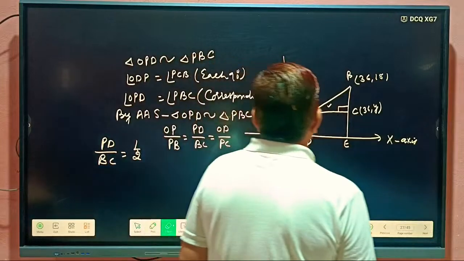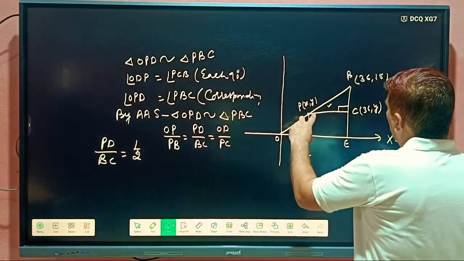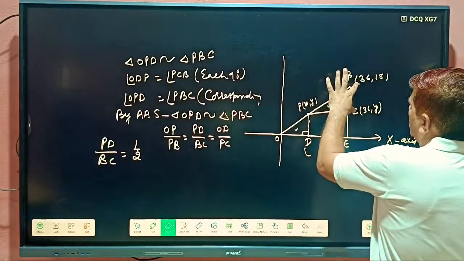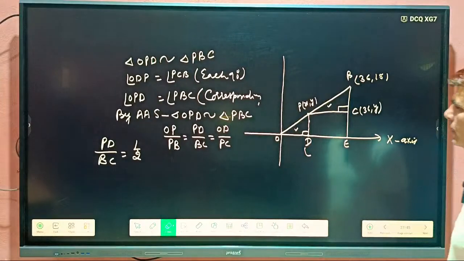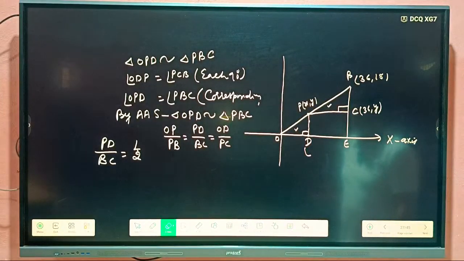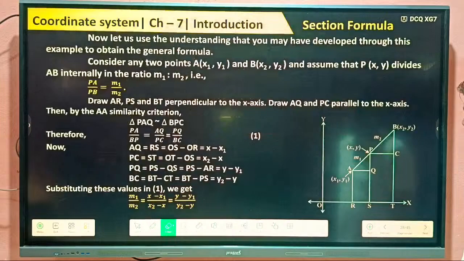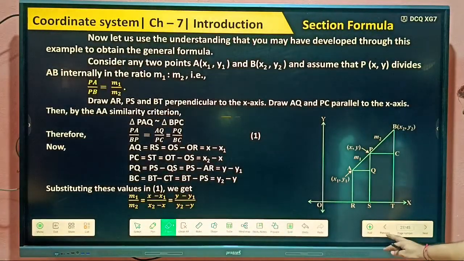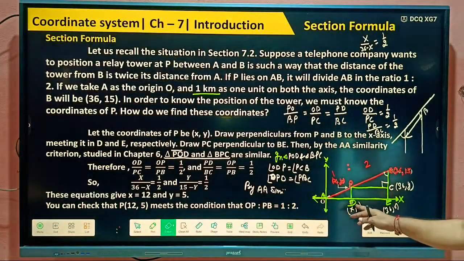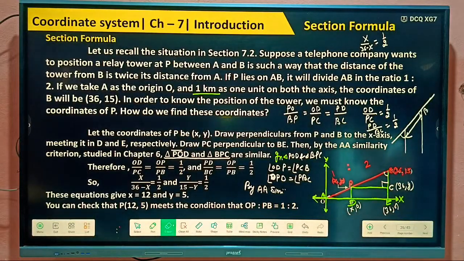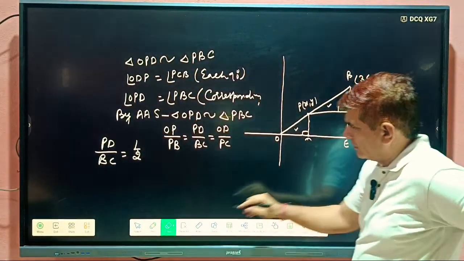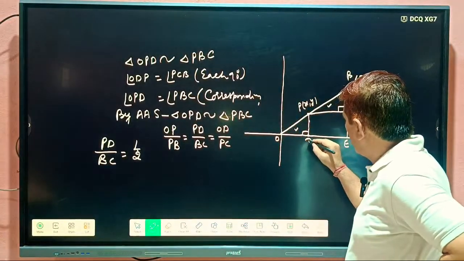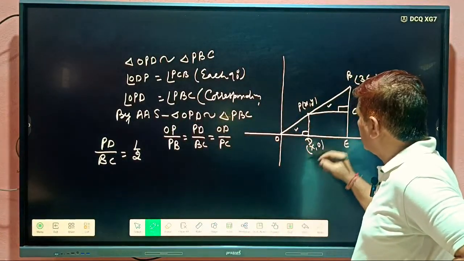So how can we write this? PD by BC. How can you find out? What are the coordinates of this point? The coordinates are x and 0.